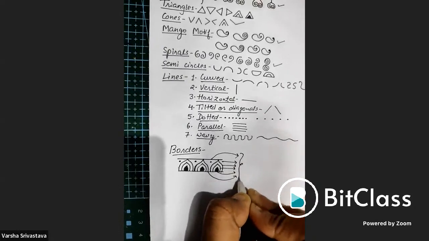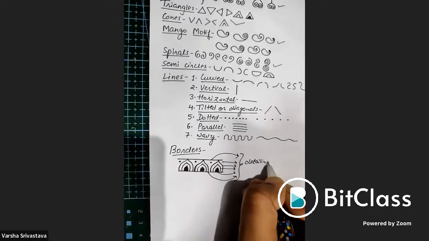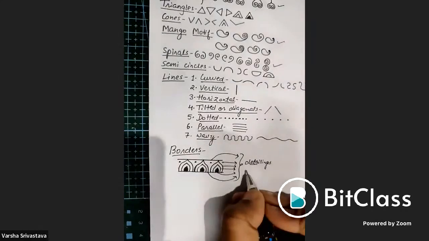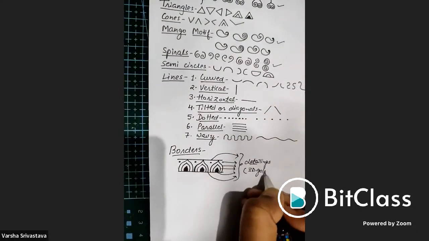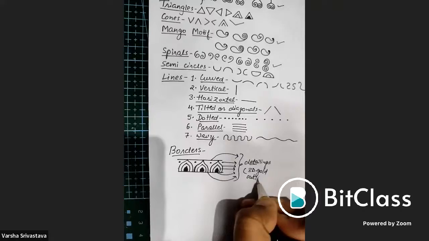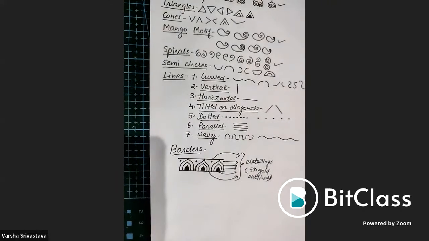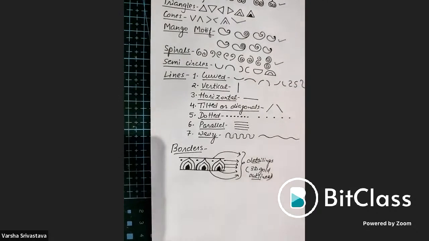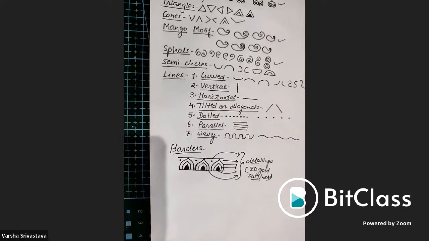All these things are the detailings, and this is done by the detailing color. I'm writing 3D gold outliner, and 3D gold outliner is the detailing color actually. So all the black portion you see is the detailing part.